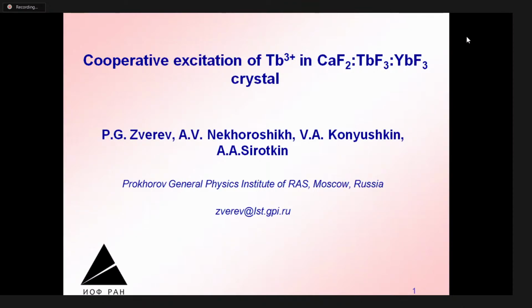So I will talk about the cooperative excitation of the terbium ions in calcium fluoride, terbium fluoride crystal. It's a kind of complex crystal that we have prepared here in our institute.